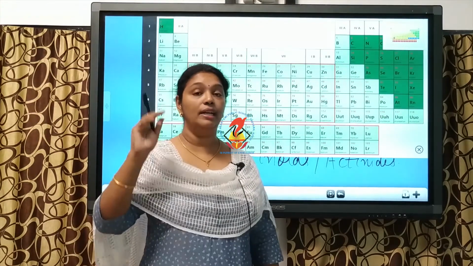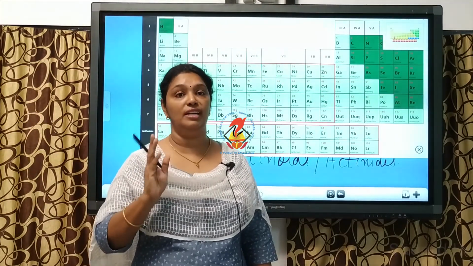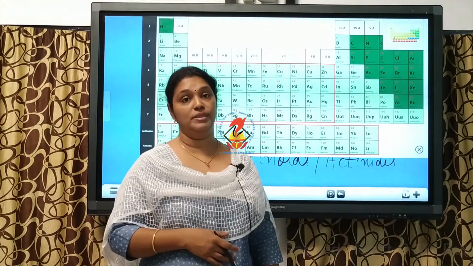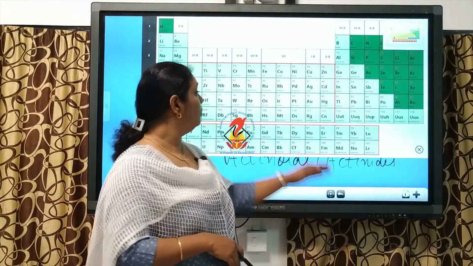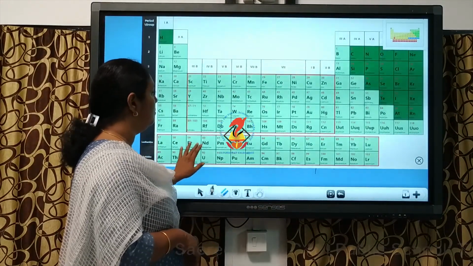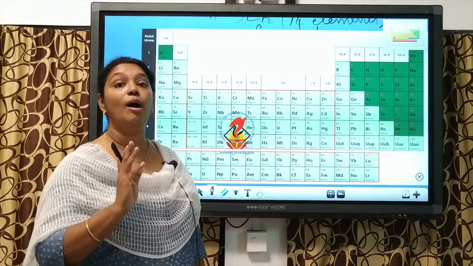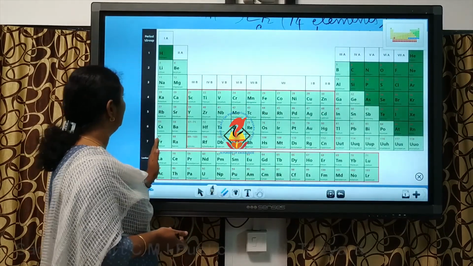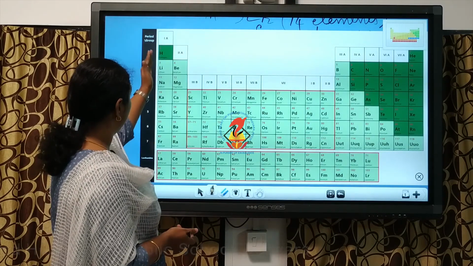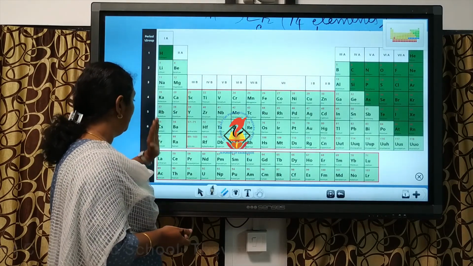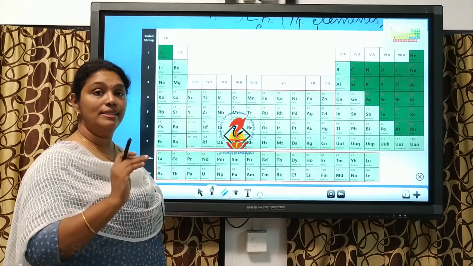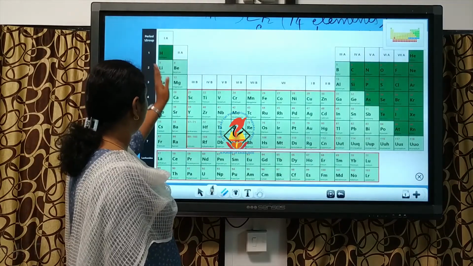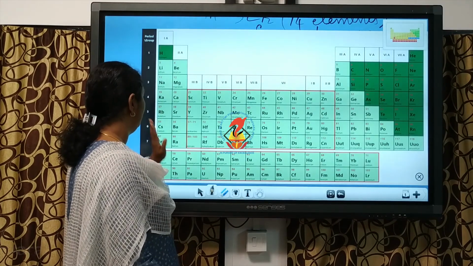So the 18 vertical columns in a periodic table are called groups. And you can see when you move along each element in a group, they have same outer electronic configuration. Look at group number 1. In group number 1, we have hydrogen, lithium, sodium, potassium, rubidium, cesium and francium. You can see their n value is different. For hydrogen, n is equal to 1, lithium 2, sodium 3, potassium 4, rubidium 5, like that.